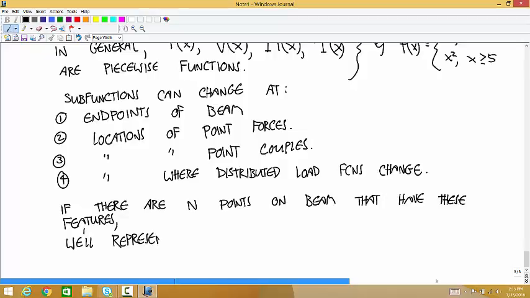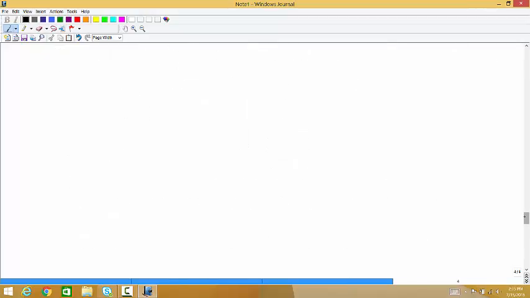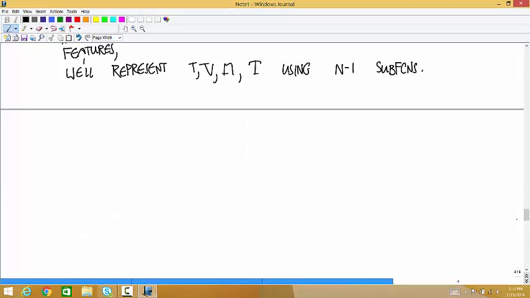So we'll represent T, V, M, and fancy T using N-1 subfunctions. Any questions yet?